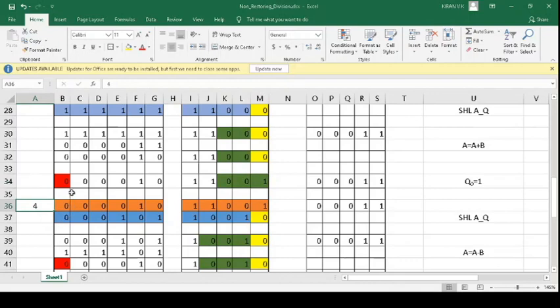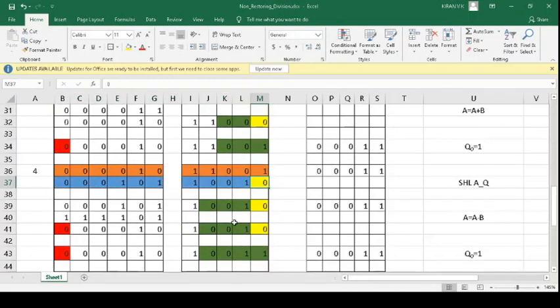So fourth iteration, again we will copy the AQ bits together as such to the next stage. Now we will shift these bits to the left by one place. So what will happen? We will have a vacancy at Q0. Again, it is dependent on the result of the operation in this stage. Okay, so for the fourth iteration, we need to fix what operation we are going to perform.